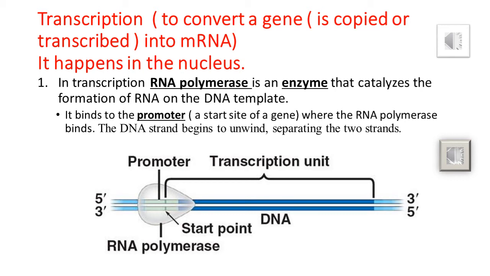Transcription unit refers to the gene that will be transcribed into mRNA. Before the transcription unit, you can see in the DNA itself a start site. It is called the promoter. A promoter is a start site of a gene.